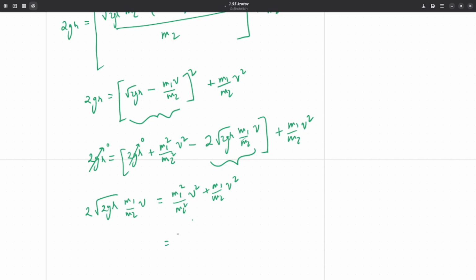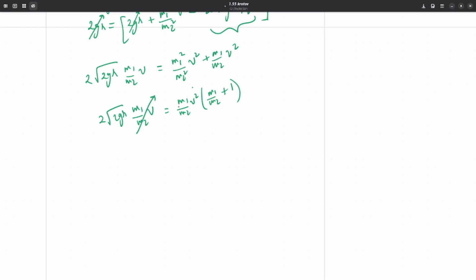We can write this as m1 by m2 v square times (m1 by m2 plus 1) is equal to 2 root 2gr m1 by m2 v.